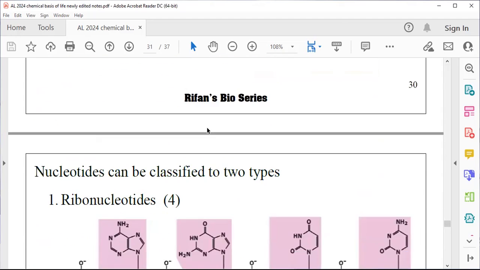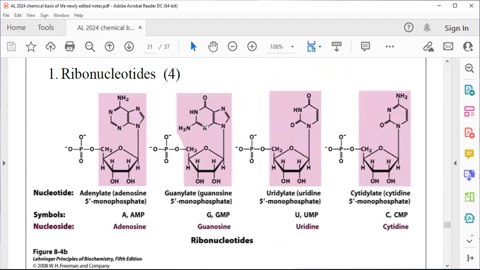So, in today's lesson, we are introducing ribonucleotides. Look at this diagram. How many ribonucleotides are there?